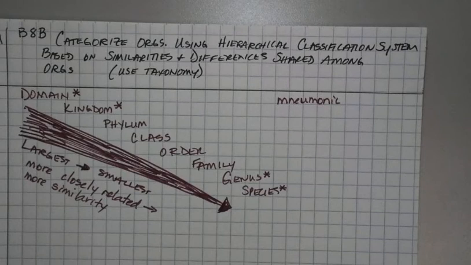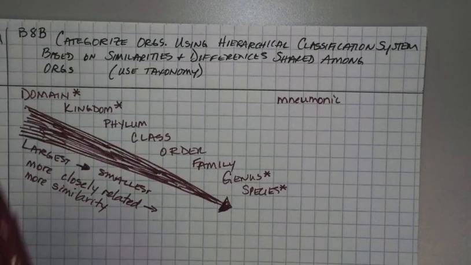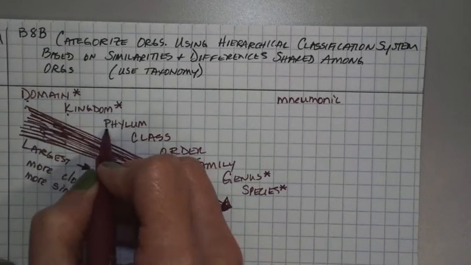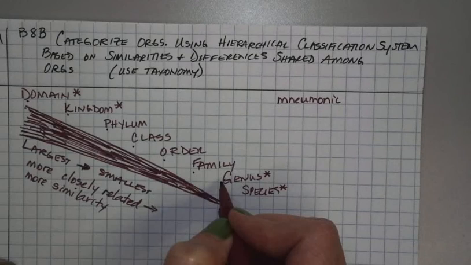What is the one in the math? My dear Aunt Sally, please excuse my dear Aunt Sally, I think is what it is. That's a mnemonic. That's an example of that. So you're going to want to come up with a mnemonic with the first letters of these so you can remember domain, kingdom, phylum, class, order, family, genus, and species.